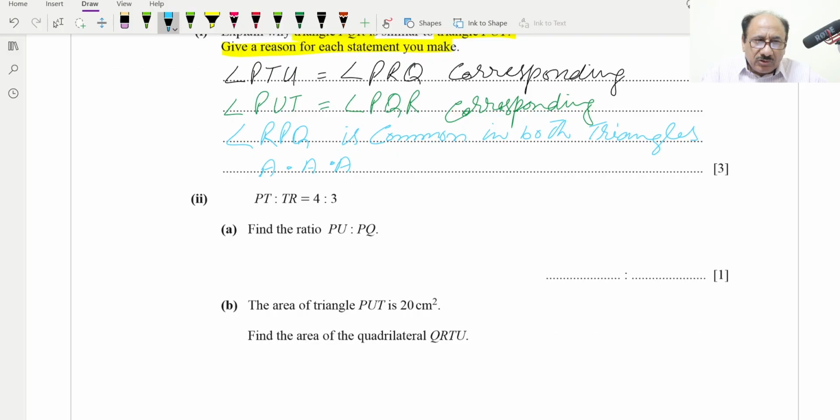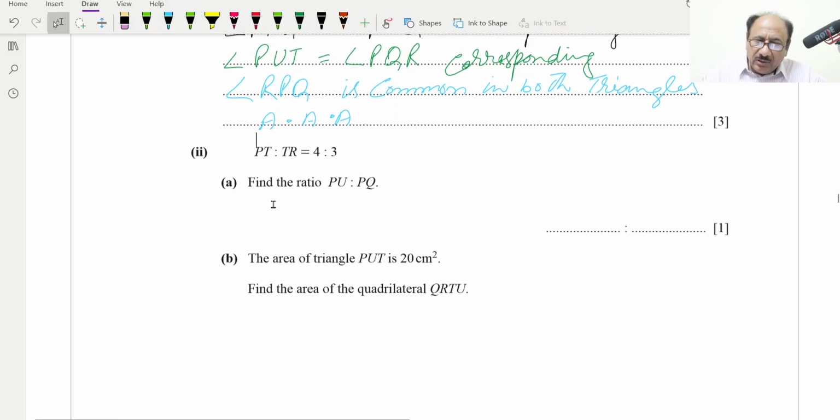Or we can write corresponding angles are equal. So this is done. We can write here corresponding angles are equal. So we are writing the statement and the reason also.